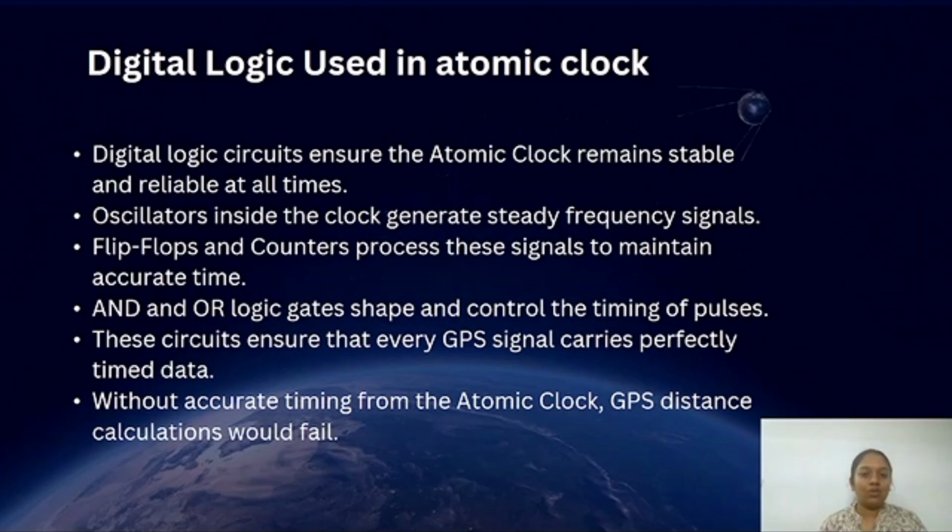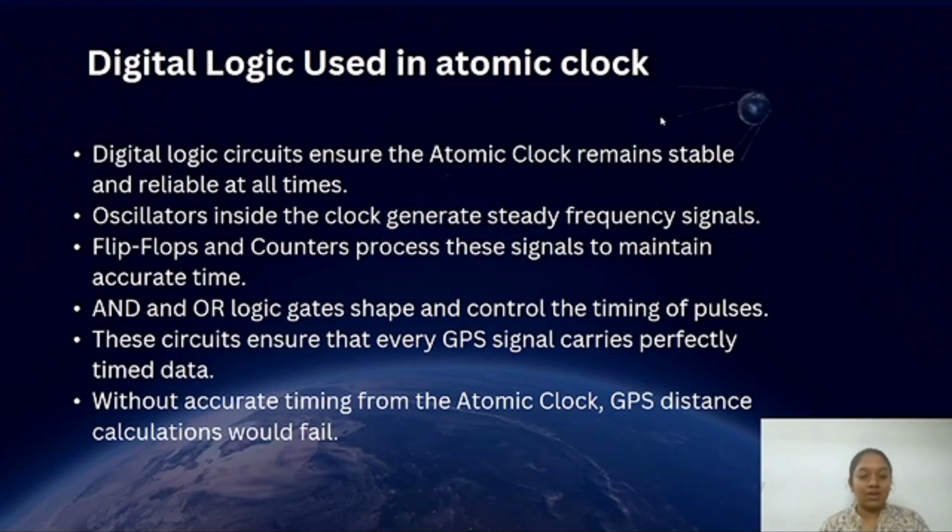digital logic used in the atomic clock. So the digital logic circuits keep this clock running. Inside the atomic clock, there is an oscillator that generates a signal at a constant frequency. This frequency passes through digital logic components like flip-flops and counters, which help maintain the exact timing, and OR gates are used for timing control and pulse shaping to make sure there are no glitches in the output.